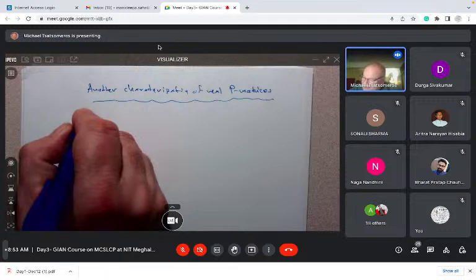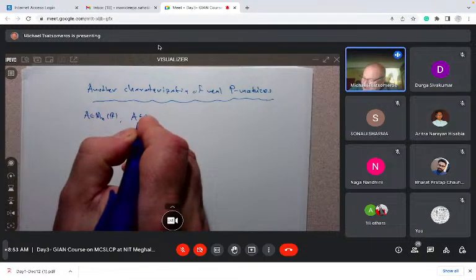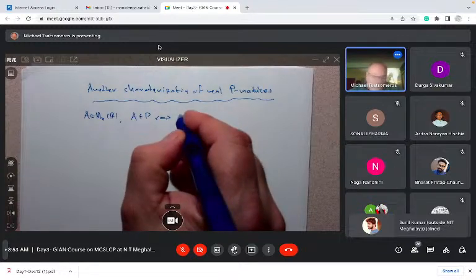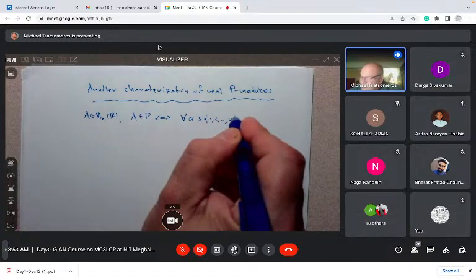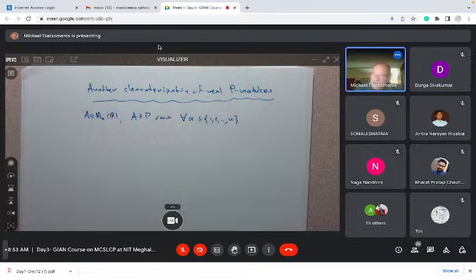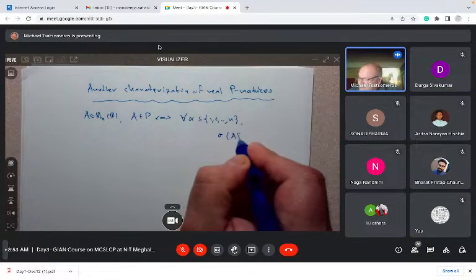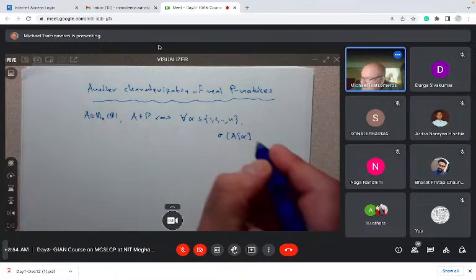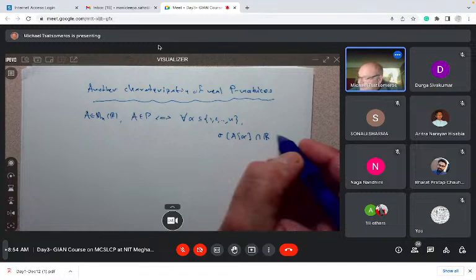So a real matrix A is a P matrix if and only if you take any principal submatrix of it, so if you choose an alpha, a subset of 1 up to n, the spectrum of the principal submatrix A of alpha, that's real, so all the real eigenvalues of every principal submatrix are positive.